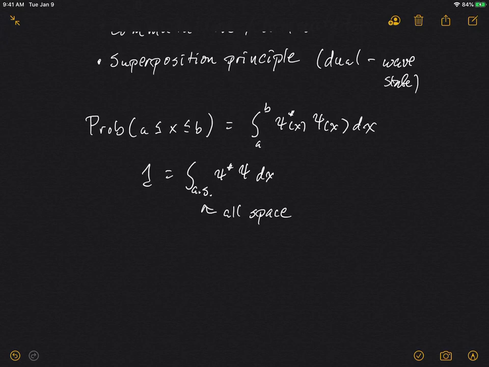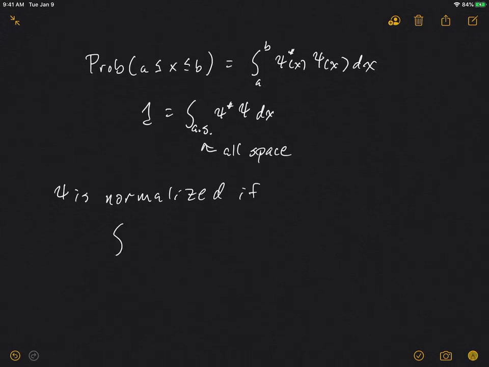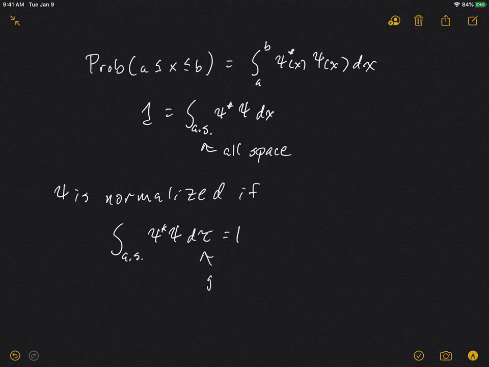To be a little bit more precise and a little bit more general, talking about all possible coordinate systems, we define something called normalization. We say that psi is normalized if the integral over all space of psi star psi d tau equals 1, where d tau is a generalized volume element.